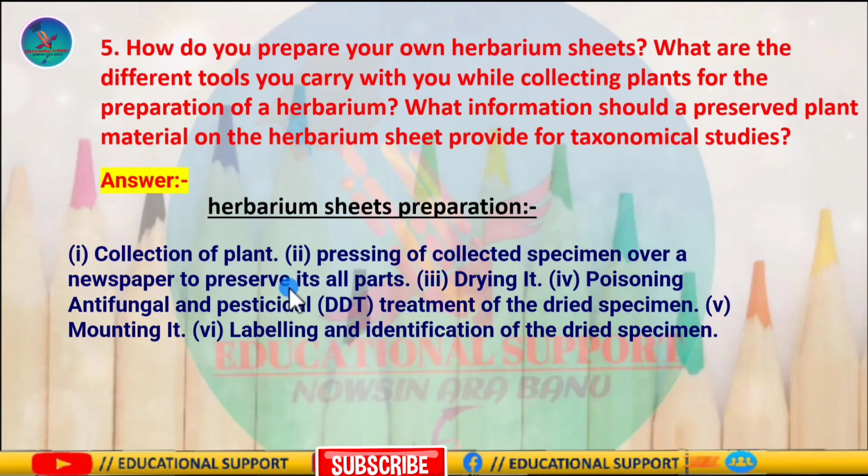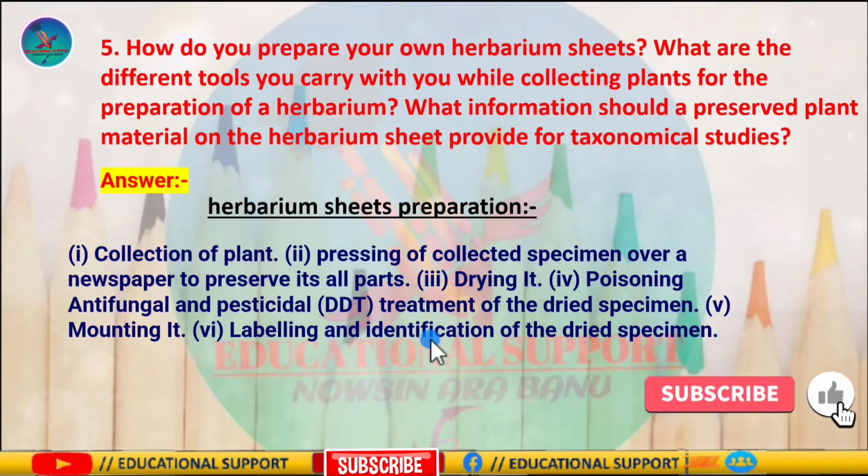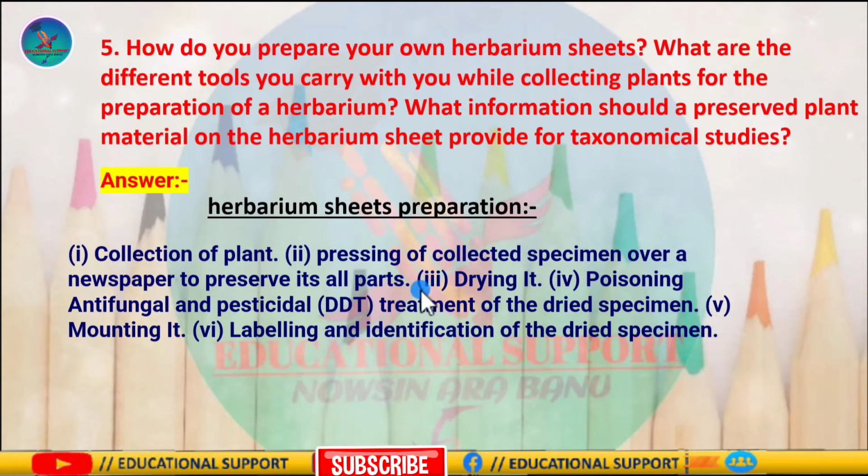One can prepare herbarium sheets by cutting papers of size 29 by 41.5 centimeters. The preparation of a herbarium specimen requires the following steps. Collection of plant or plants. Pressing: it involves the spreading and pressing of collected specimens over a newspaper so as to preserve all parts.